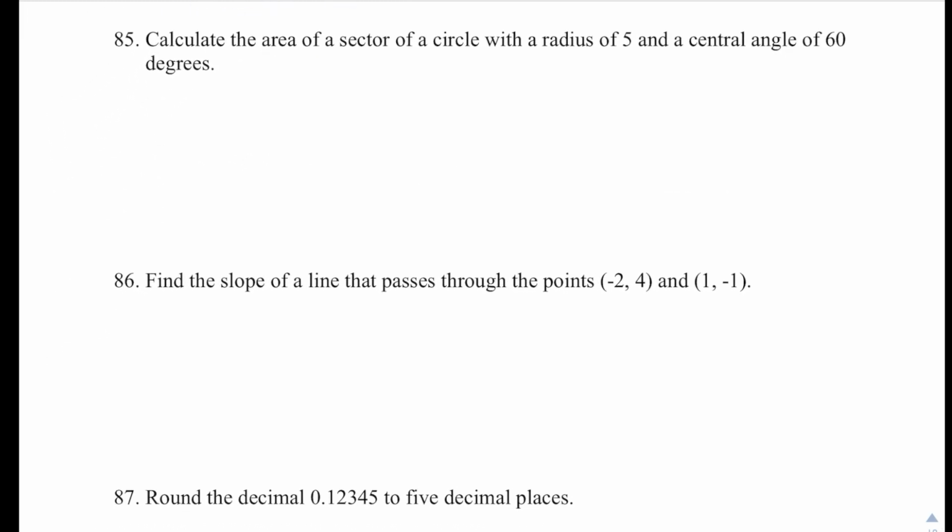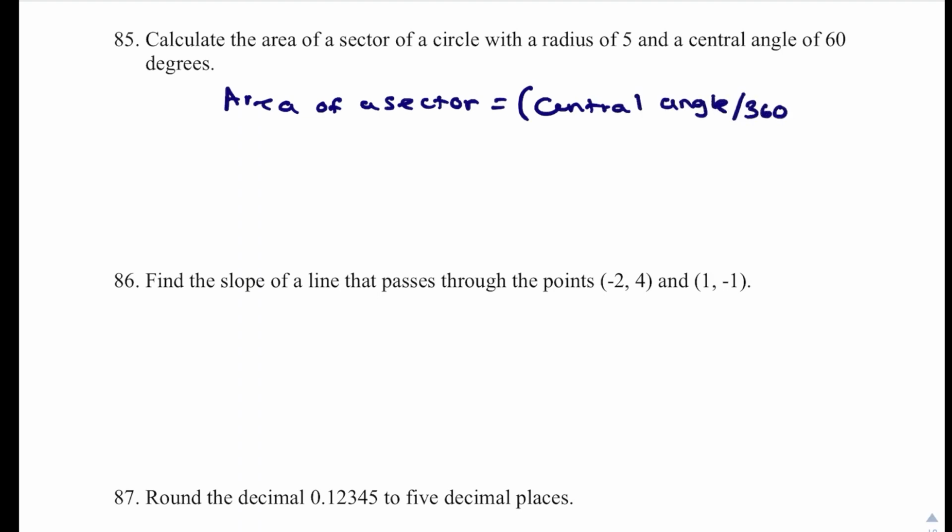85. Calculate the area of a sector of a circle with a radius of 5 and a central angle of 60 degrees. So the equation to find an area of a sector equals the central angle divided by 360 times pi times radius squared.